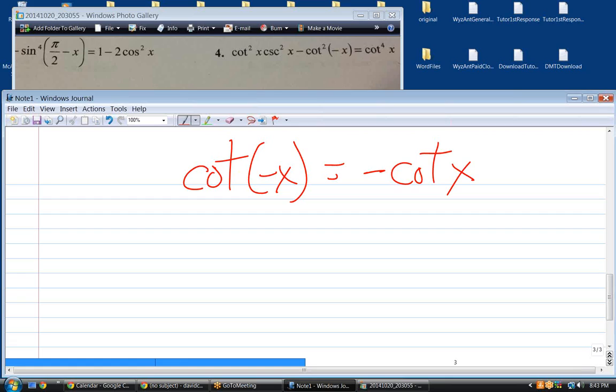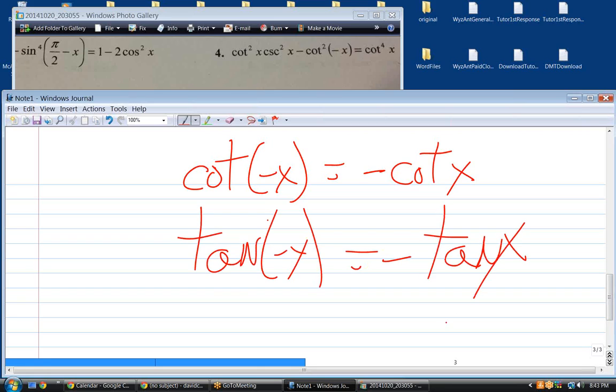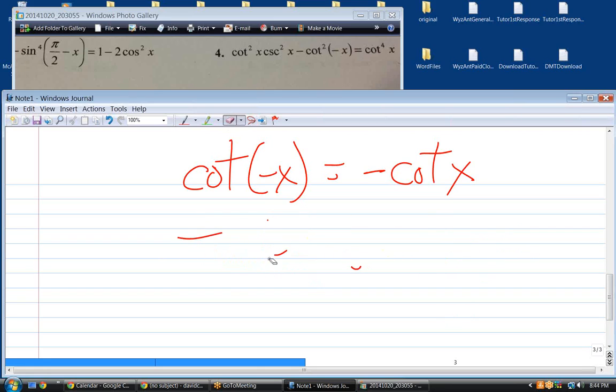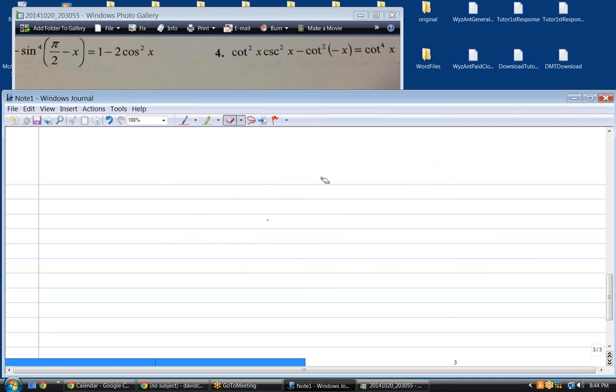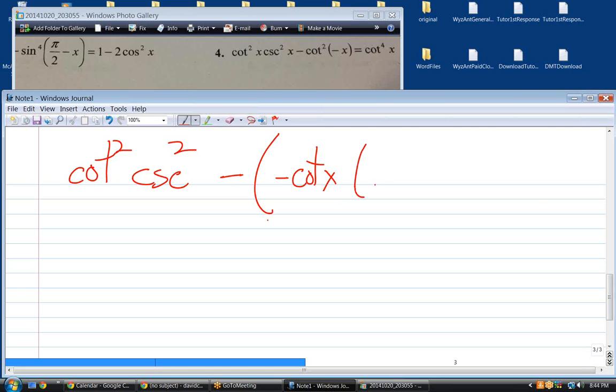And tangent is odd, meaning the tangent of minus x equals minus tan of x. So that's the first thing we want to do here, is turn that minus x into something different. Well, we've got cotangent squared, cosecant squared minus, in parentheses, a minus cotan of x times a minus cotan of x. Right?